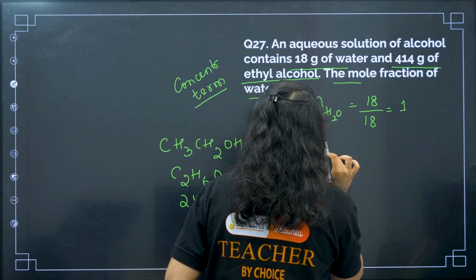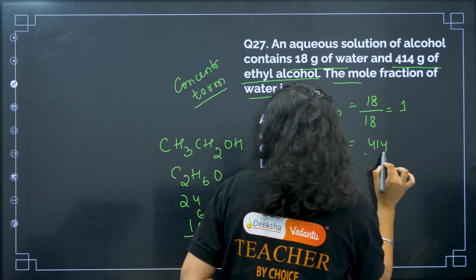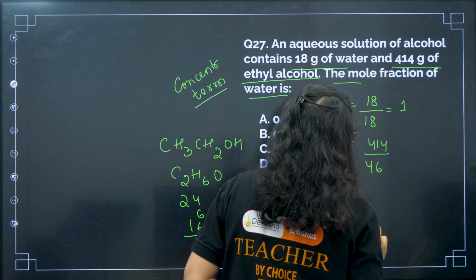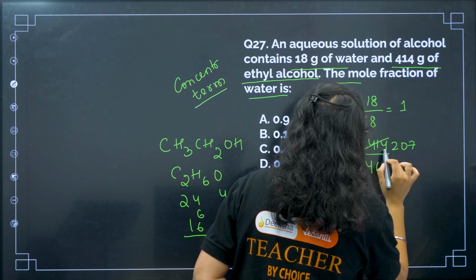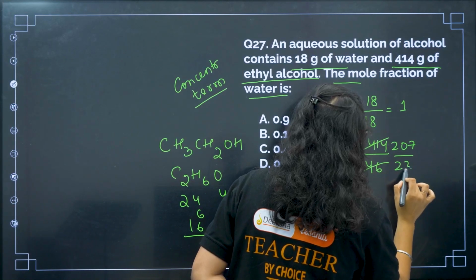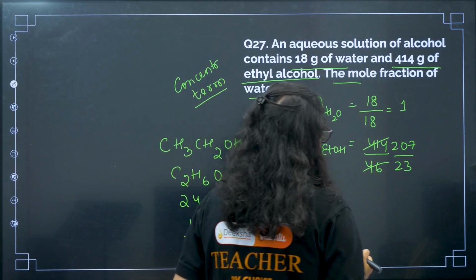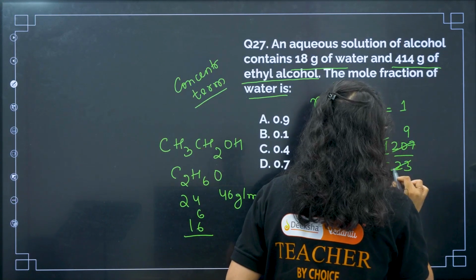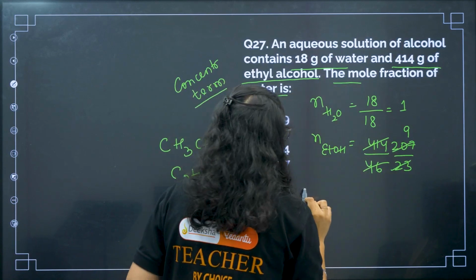And number of moles of ethanol is 414 by 46, then we can cancel it. So I'll get around 23, next can we cancel it? Yeah, 9. 23, 9 3s are 27, 9 2s are 18, 19, 20. So 9 moles.